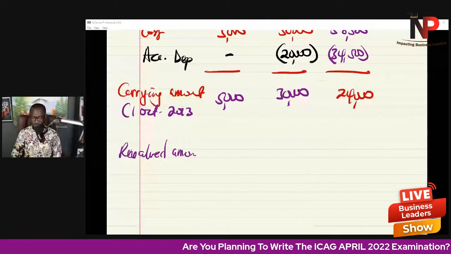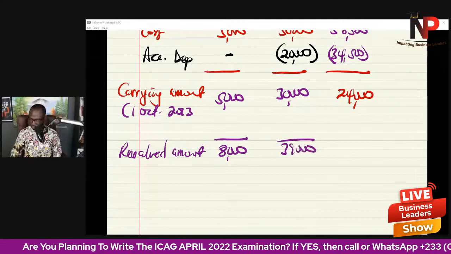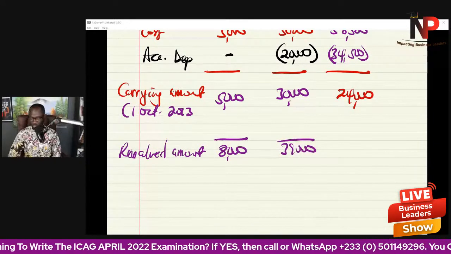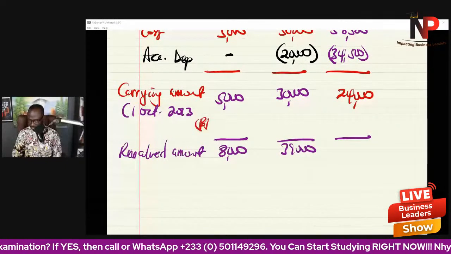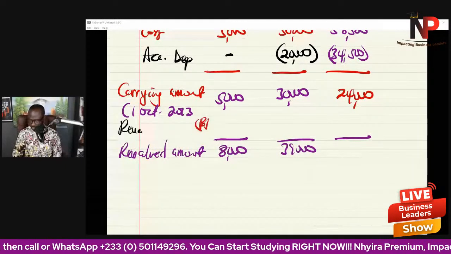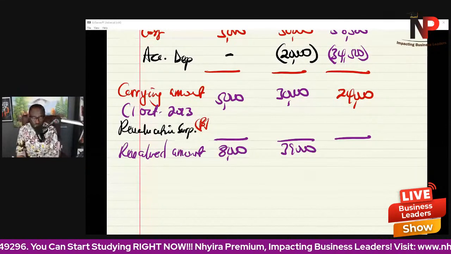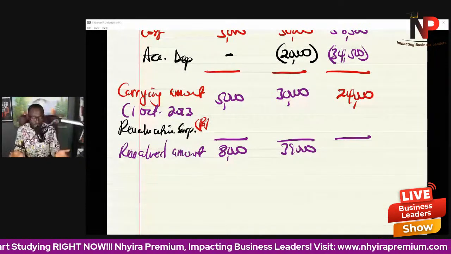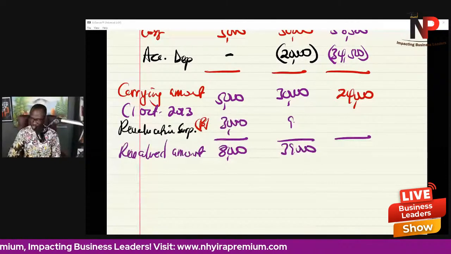Land is 8,000. Building is 39,000. And so the balancing figure gives us revaluation surplus. How do we know it's surplus? Because the revalued amount is greater than the carrying amount. That's simple, right? So 3,000 here and 9,000 here.